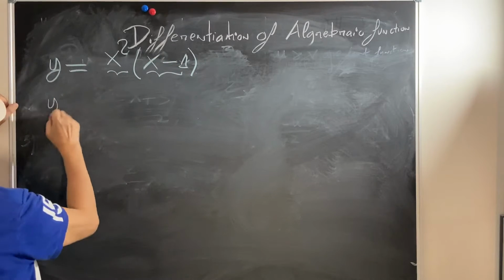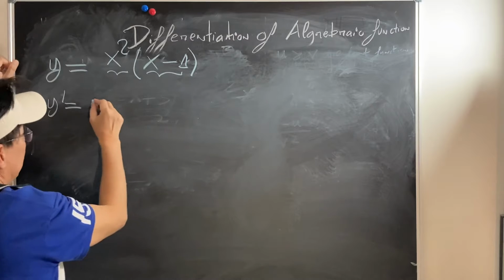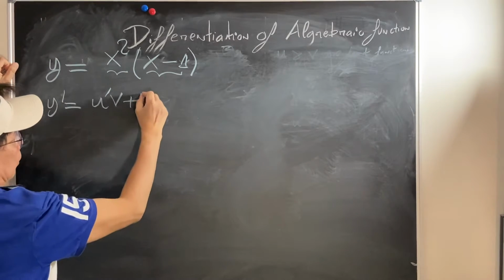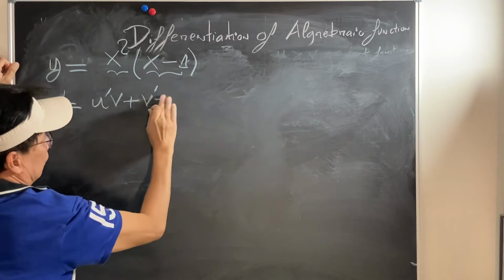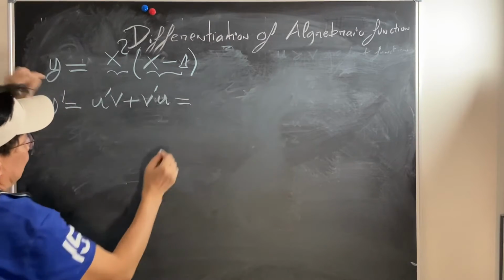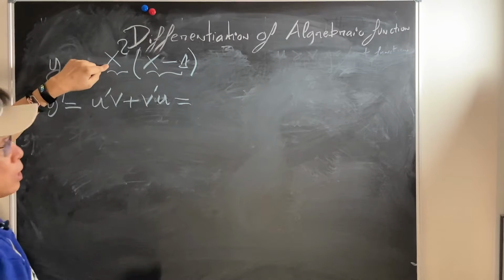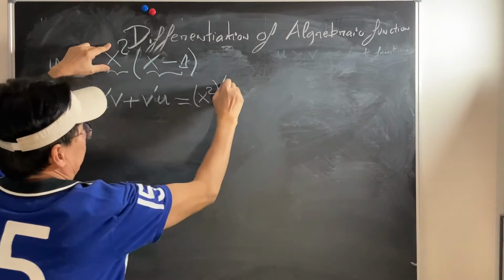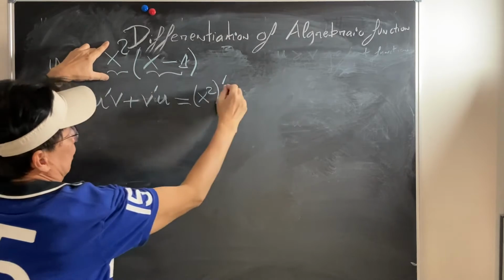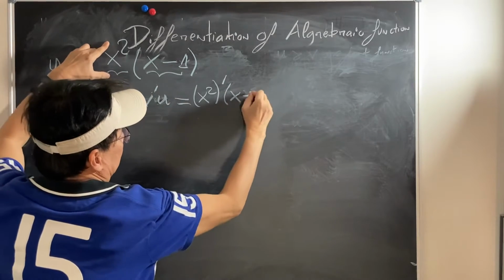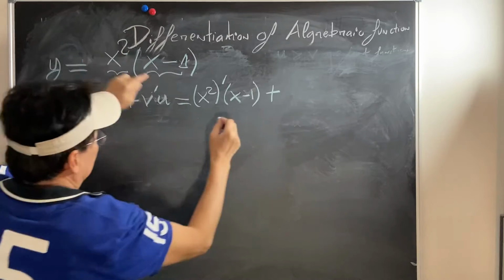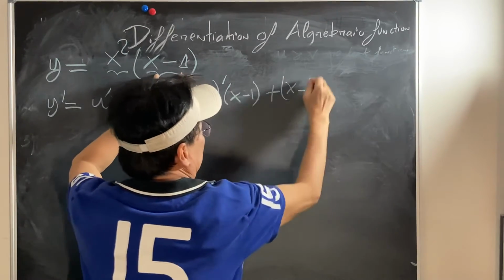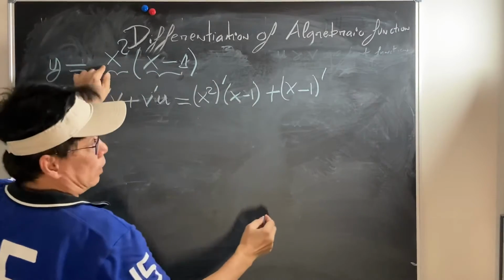So y prime will be equal to u prime times v plus v prime times u. u prime is the derivative of the first one, the derivative of x squared, times the second function, and add the derivative of the second one times the first one, x squared.